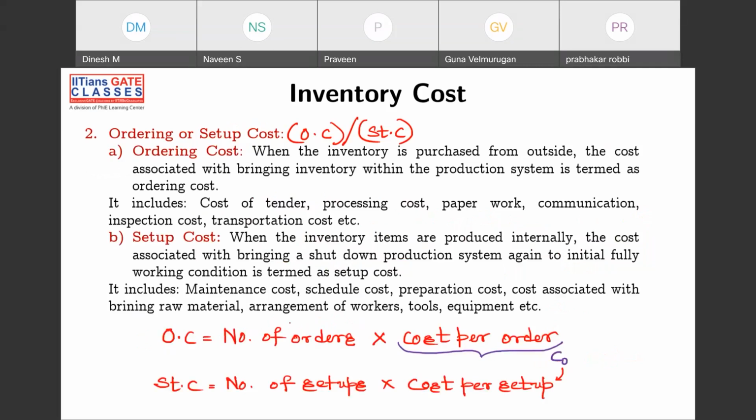Same for ordering or setup cost: number of orders into cost per order, which is given as C subscript small o.